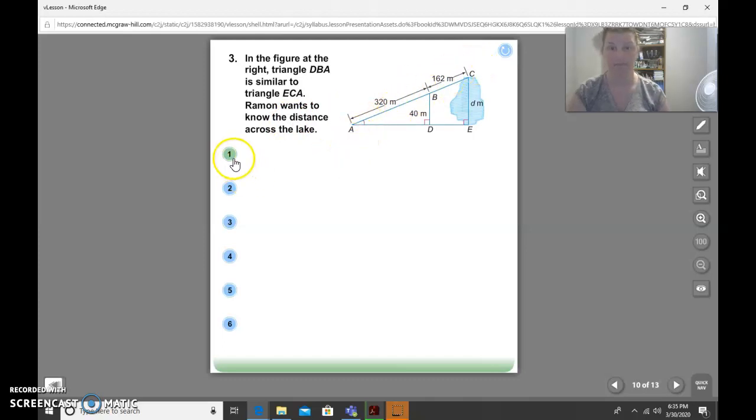All right. So you have AB over AC equals BD over CE. So AB over AC, this is where adding these together comes in. So you have 320 over the total of those two together equals BD, that's 40, over CE.